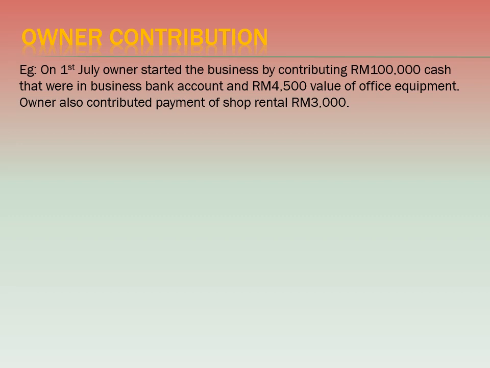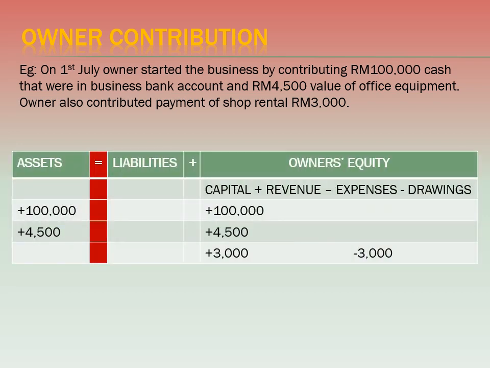In explaining these three transactions in the basic accounting equation effects, you will see there is an increase of assets, that is 100,000 of cash in bank, and you have the symbol plus, but we put the plus under the capital column too, because the contribution of the owner is recognized as capital. So plus 100,000 under the capital column. The owner also contributed office equipment.